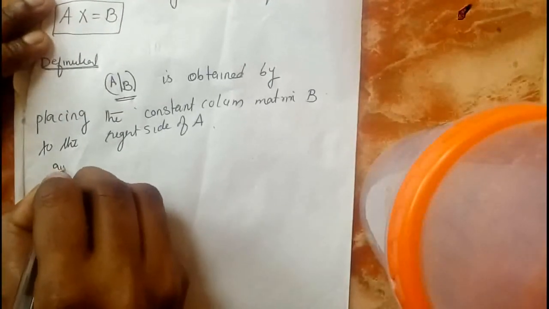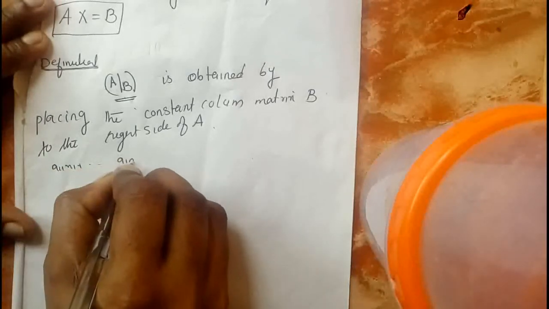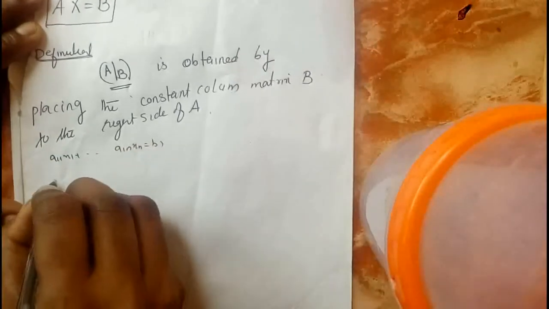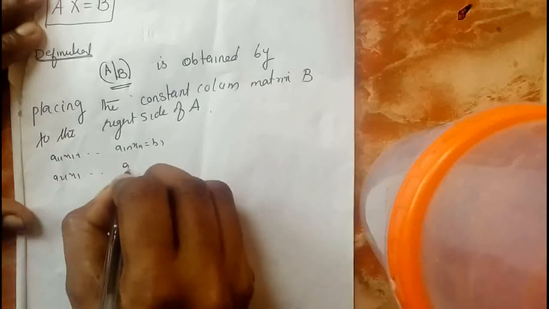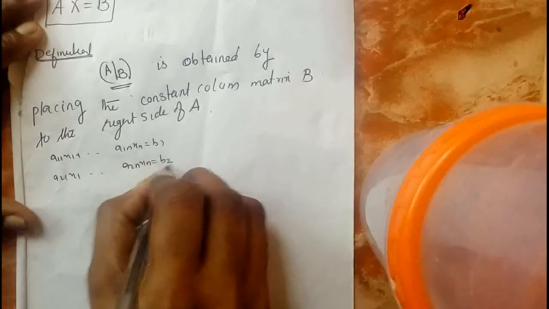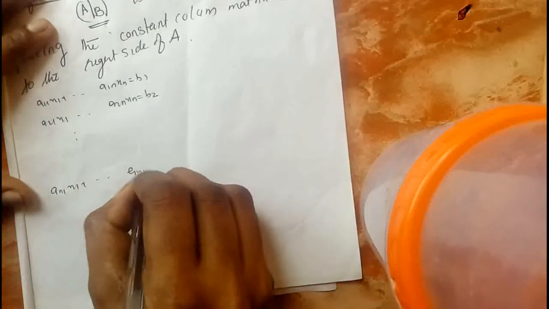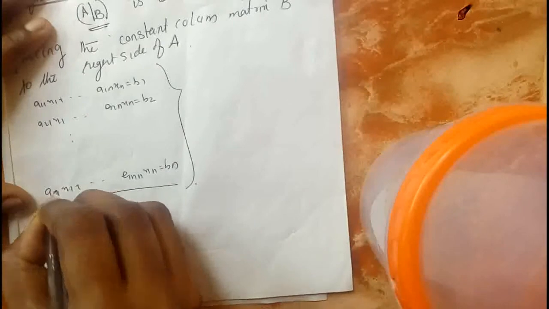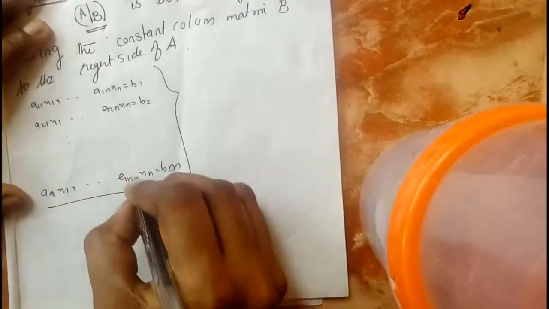That means we have a11 x1 plus etc. plus a1n xn equal to b1, a21 x1 plus etc. plus a2n xn equal to b2, etc., am1 x1 plus etc. plus amn xn equal to bm.